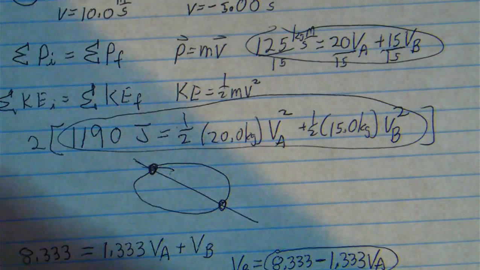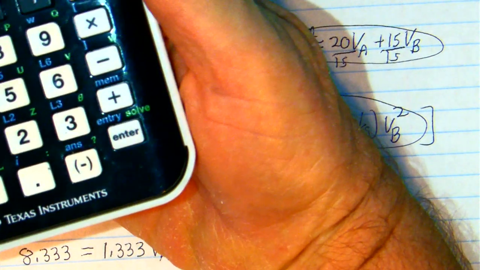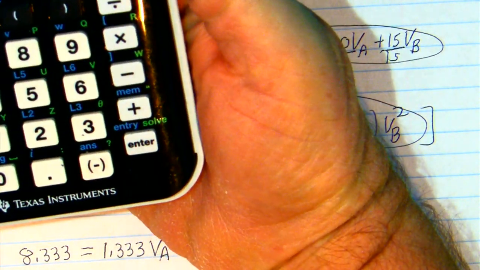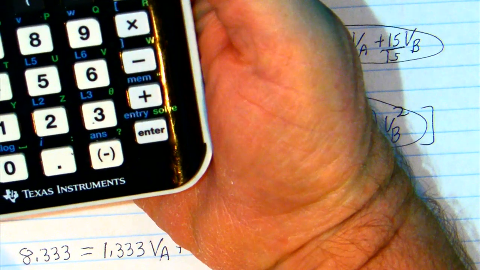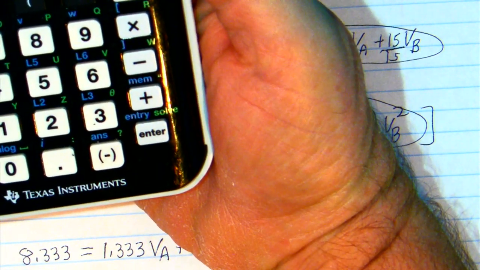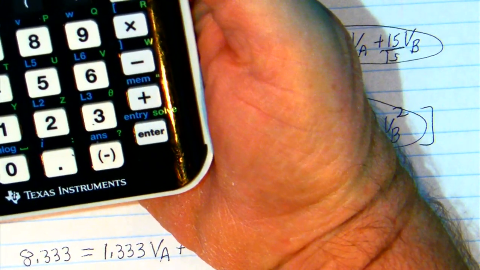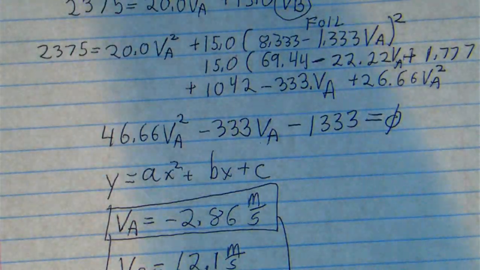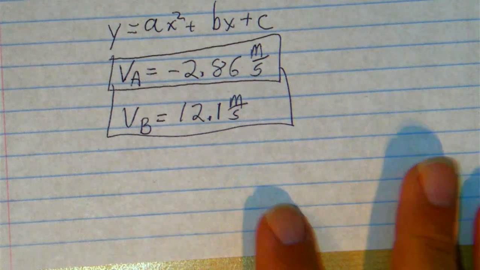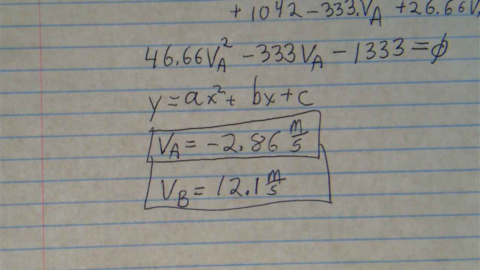And so I get velocity of B is 12.1 meters per second.